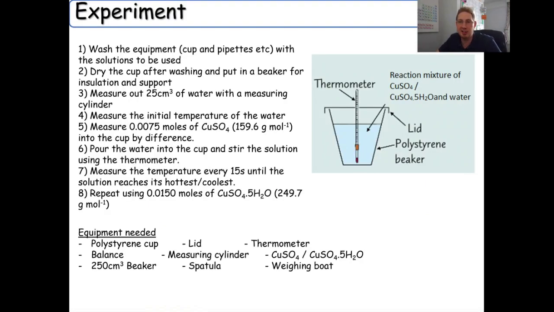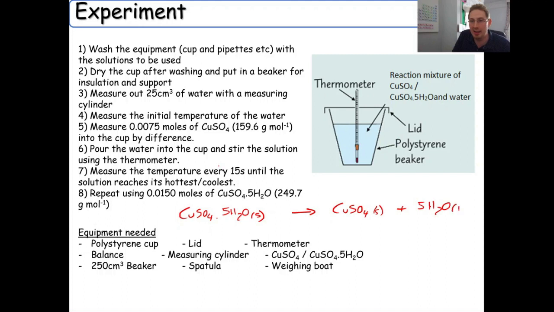The first practical you did involved a polystyrene cup, and you were trying to work out the enthalpy change of the reaction of CuSO4.5H2O solid dehydrating to give you CuSO4 solid and 5H2O liquid.